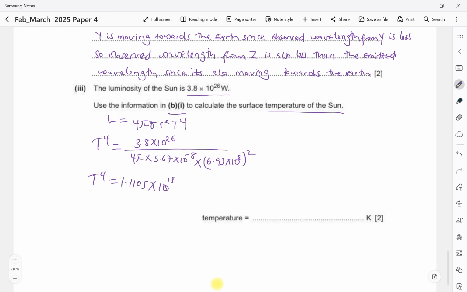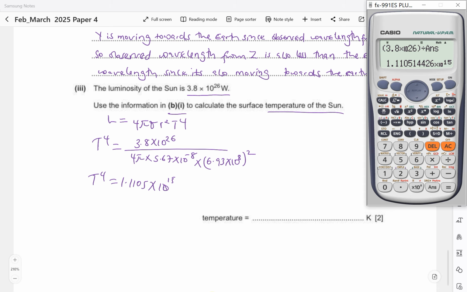Then I get the fourth root. So I will raise this to the power of 1 over 4. I'm going to find the fourth root of the answer, and it is 5772.